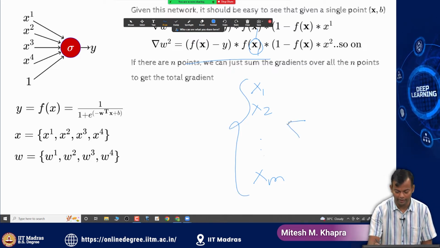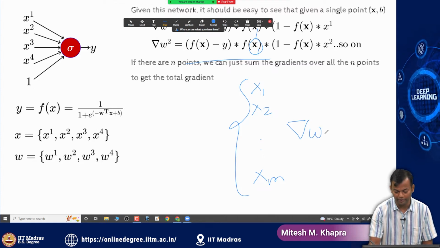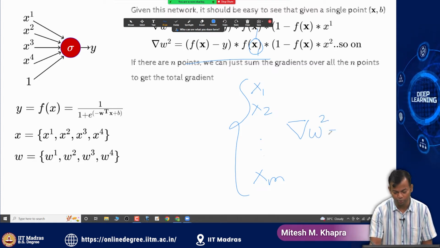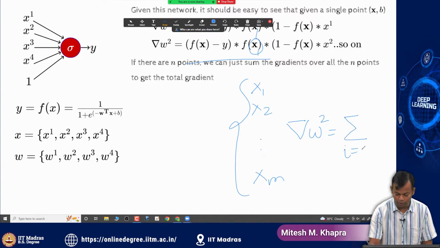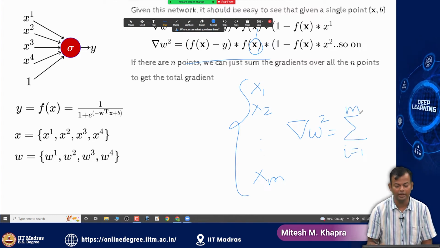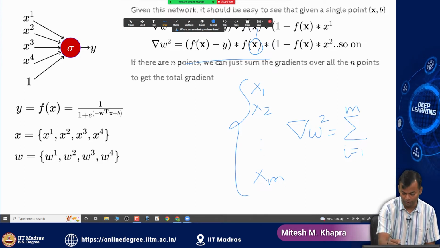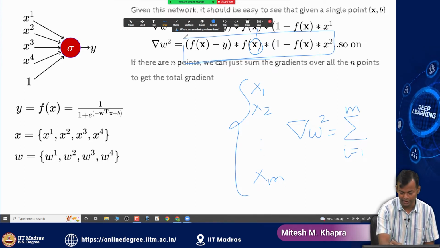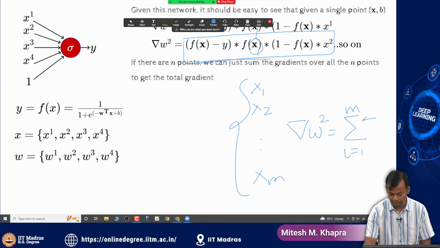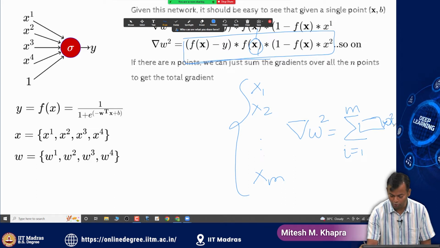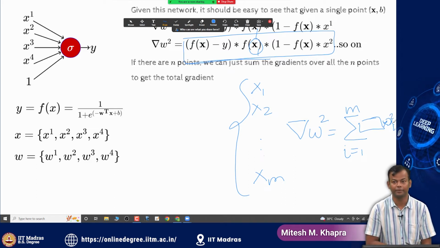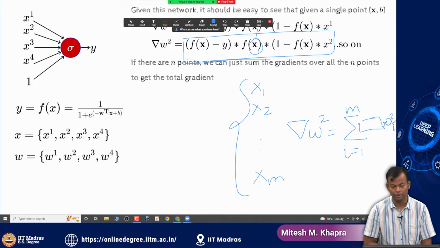So the derivative of the loss function with respect to W2 would be summation i equal to 1 to m, and then you will have this entire quantity inside, and in the end that would be multiplied by x2 of the appropriate i, right?